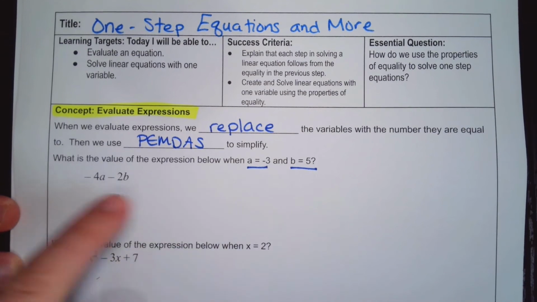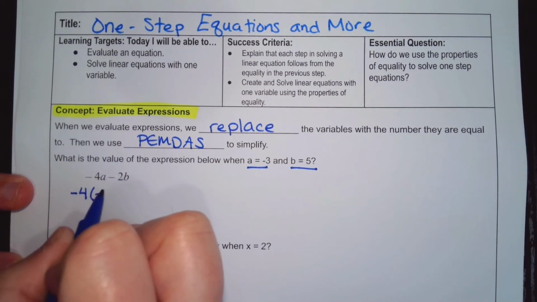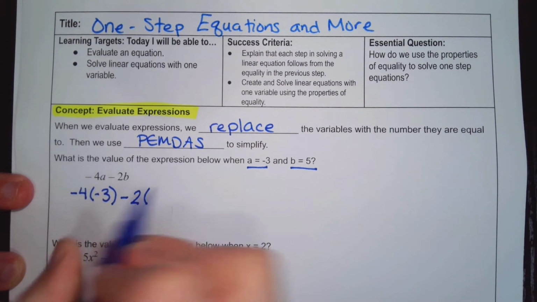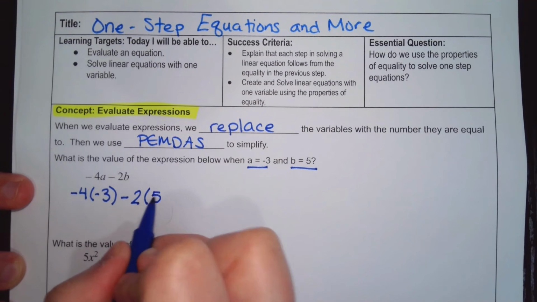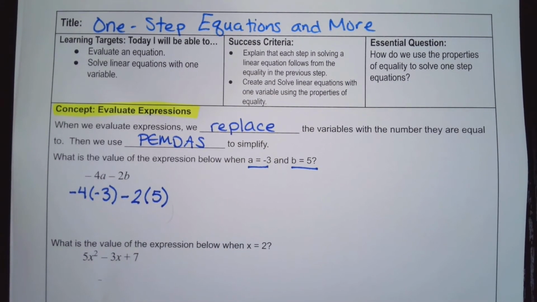So here they tell us what a and b are equal to. So we're going to substitute them into negative 4a minus 2b. So a gets replaced with negative 3. So we have negative 4 times negative 3 minus 2 times, b gets replaced with 5. So now we're going to simplify. We don't have any parentheses or exponents, so we can simplify the multiplication.